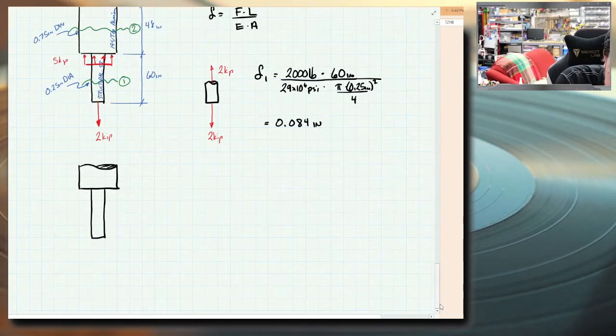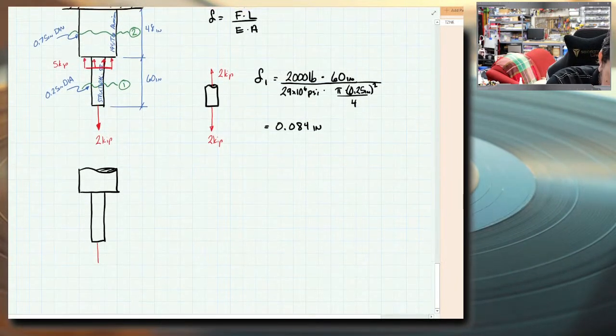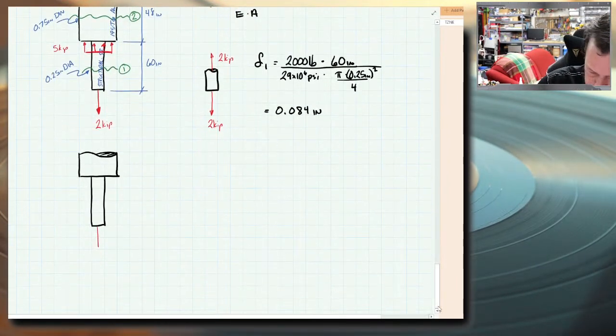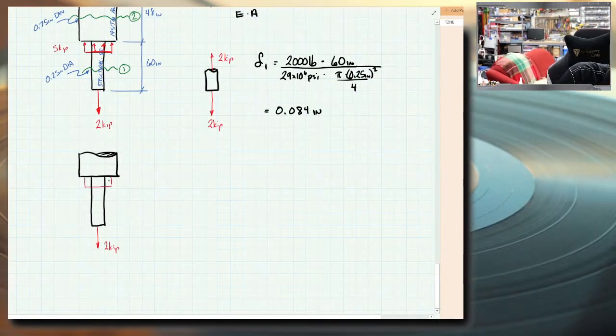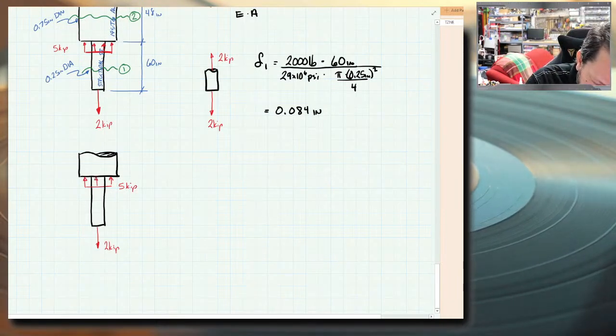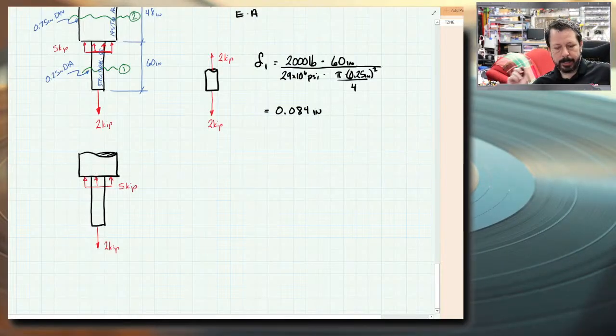We have the 2 kips here. I have the 5 kips spread out here. So for the free body I just drew to be in equilibrium, I have 5,000 pounds pointing upwards, 2,000 pounds pointing downwards.